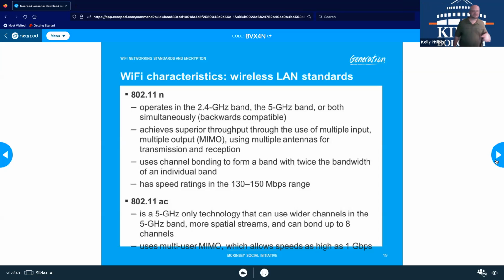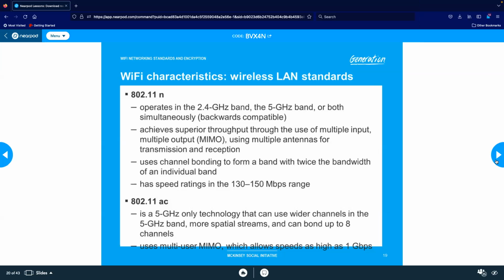So 802.11ac. Yes, Nassim. My question is: we talk about speeds over here. Is this the speed towards the receiving computer, or towards the provider, from the provider to the router? This is the total throughput that the router itself can handle.